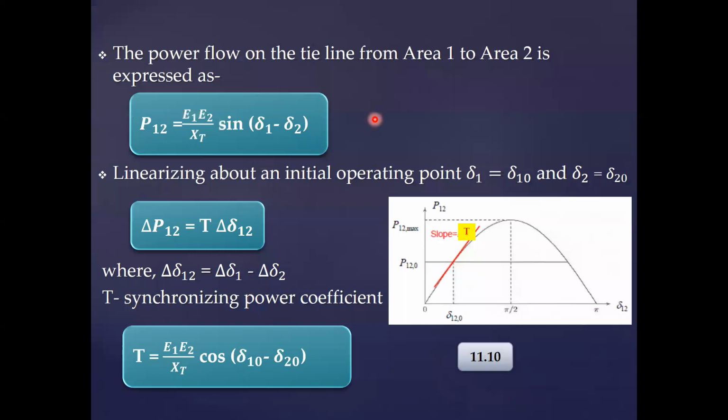The amount of power flow between the two areas, from 1 to 2, we can write with the general relationship we had defined for the power flow through the tie line. It is the product of the EMFs at the two ends divided by the total reactance of the system, times the sine of the angle difference at the two ends.